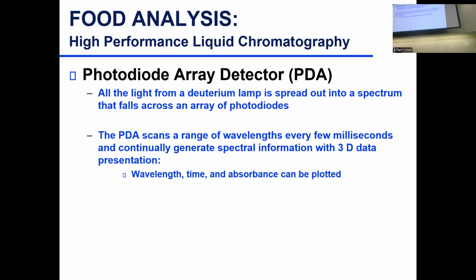We are going to talk about it. So it takes the light, diffracts it into multiple wavelengths, and only one wavelength is selected to pass through the sample, and the sample absorbs at that particular wavelength. In photodiode array detector, we do not have that. So all of the light goes onto your sample, and then the sample absorbs light, and part of this light that was not absorbed reaches the detector, and you get a readout.